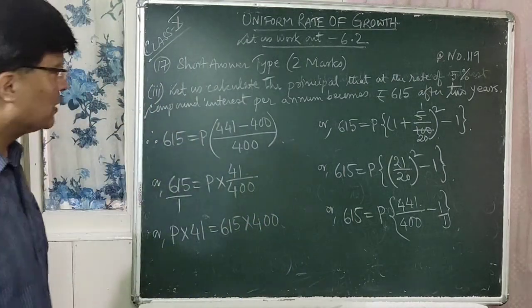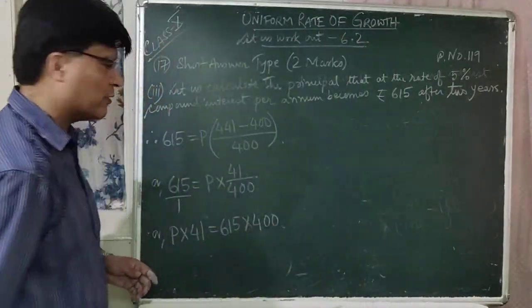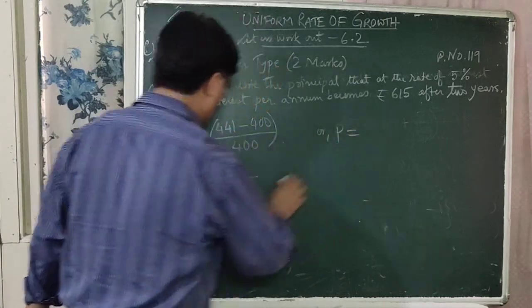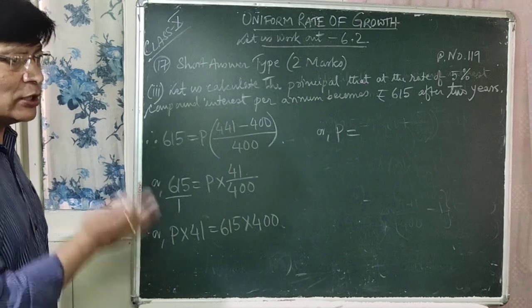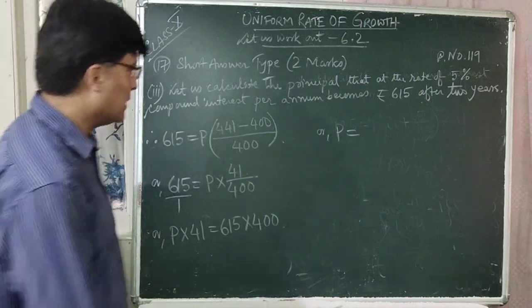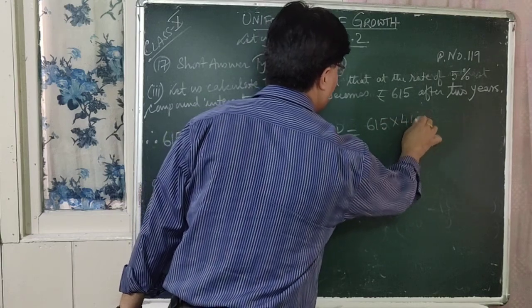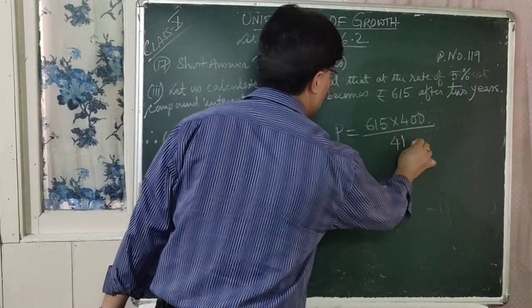Is that clear now? Let us simplify it once again. So P is equal to, now this is a multiplication sign. When this 41 goes to the right hand side, you should write it in the denominator. Right, that is the rule. 615 into 400 divided by 41.